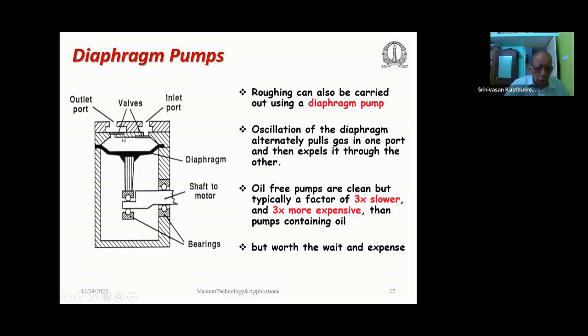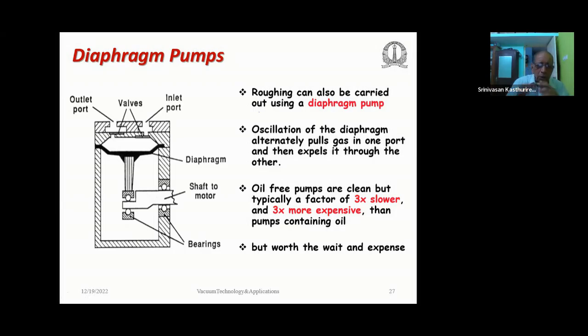It has two sets of valves, one set of valves for the inlet port, another set for the outlet port. So when the diaphragm goes downwards, the inlet port opens and it takes the gas inside. When the diaphragm moves upwards, the inlet port is closed, the outlet valve is open, and the gas goes out. So each time it draws the gas from the inlet port and then throws it out at the outlet port.